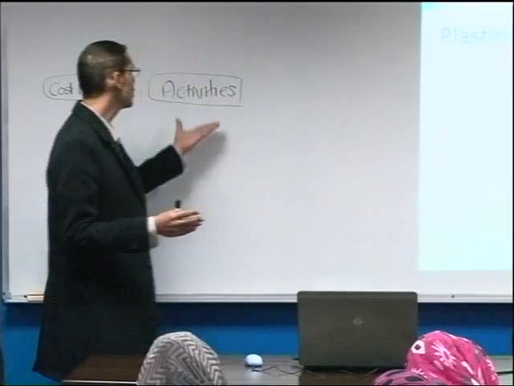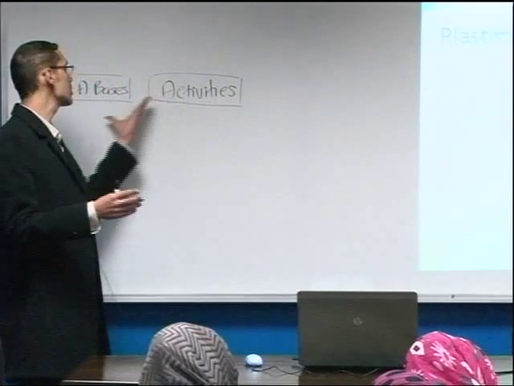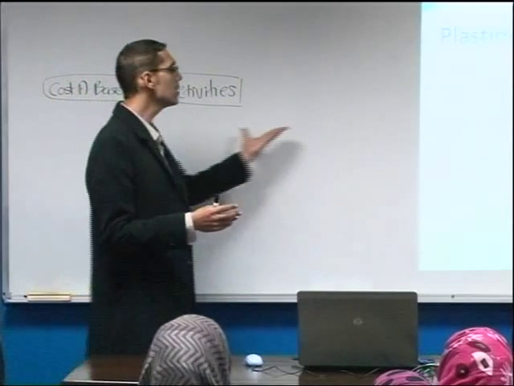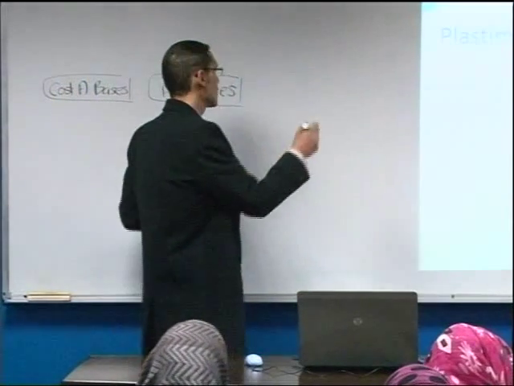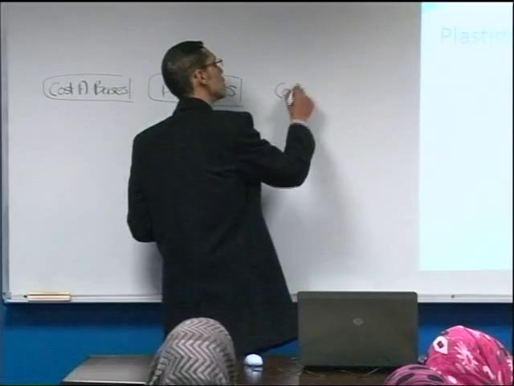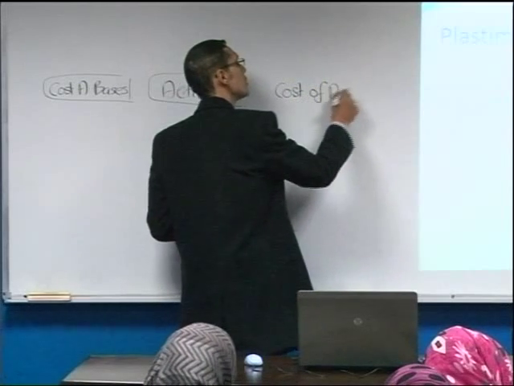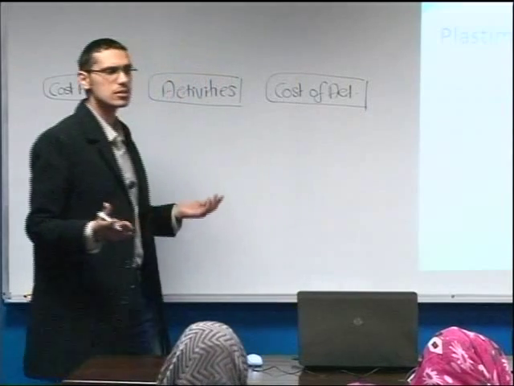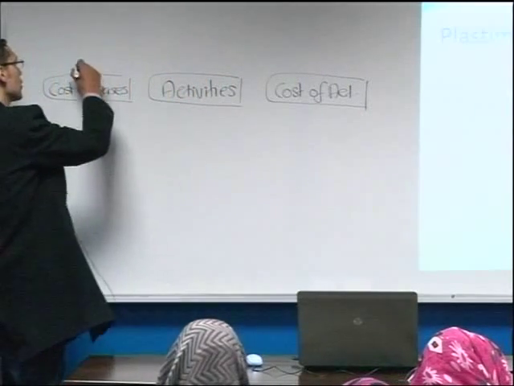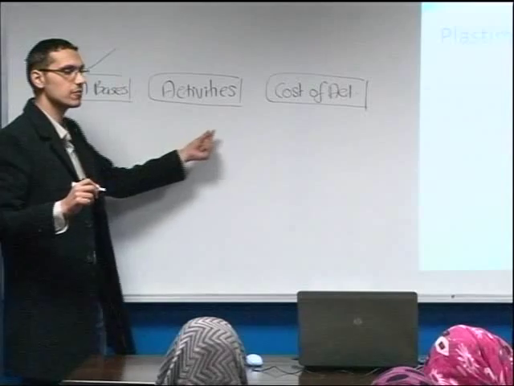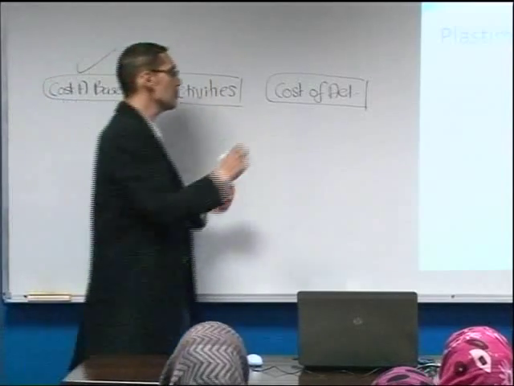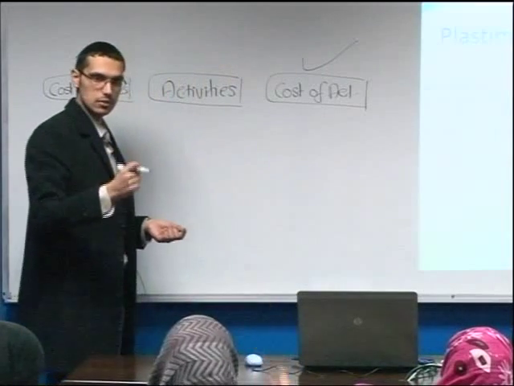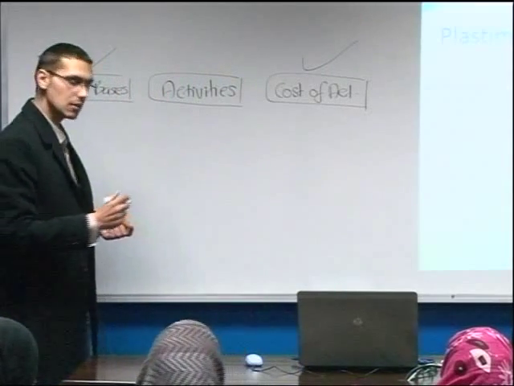Of course, after we determine the activities and their corresponding cost allocation bases, we can determine the cost of these different activities. After determining the cost allocation bases and the cost of these activities, we could calculate the budget. Excellent.